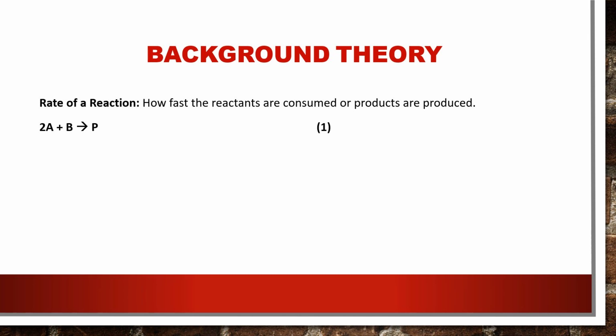In this reaction, 2 moles of a reactant A is combined with 1 mole of another reactant B, and together are being consumed to form a product P. The rate of a reaction can be expressed in terms of either reactants or products.